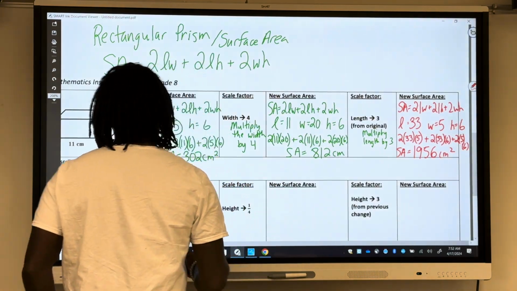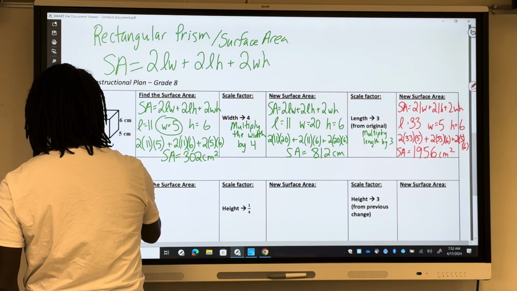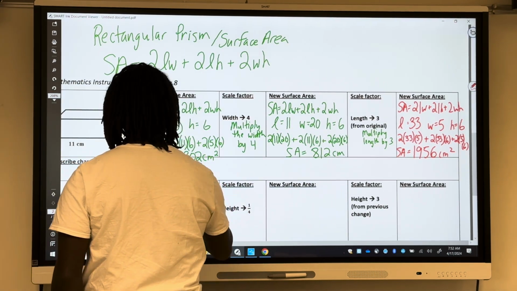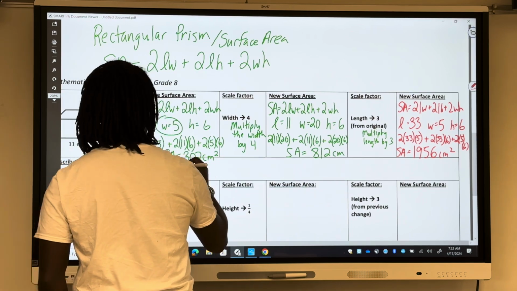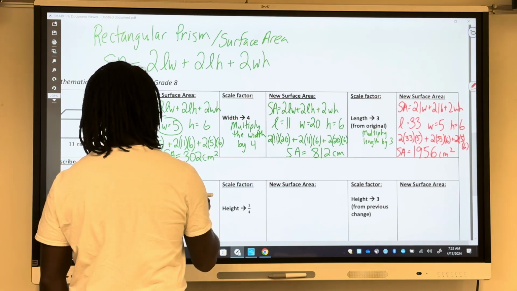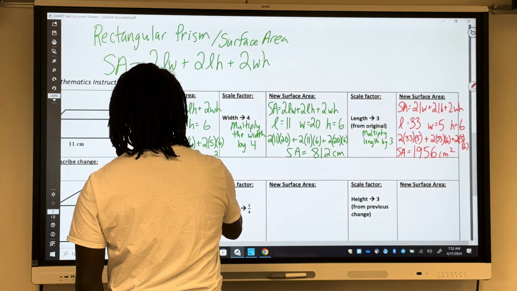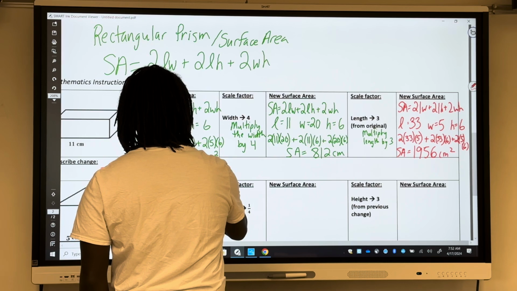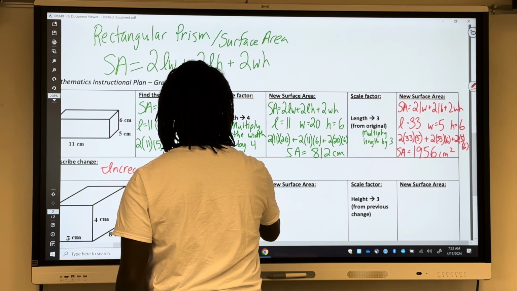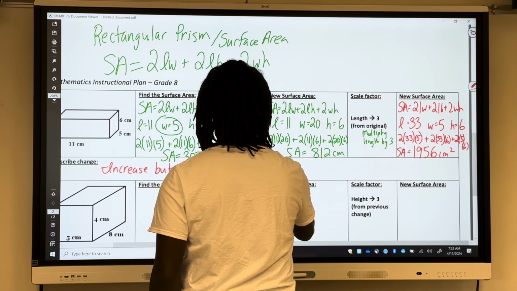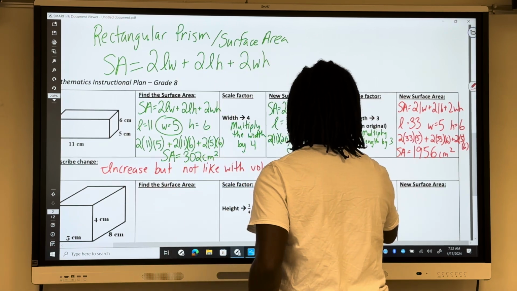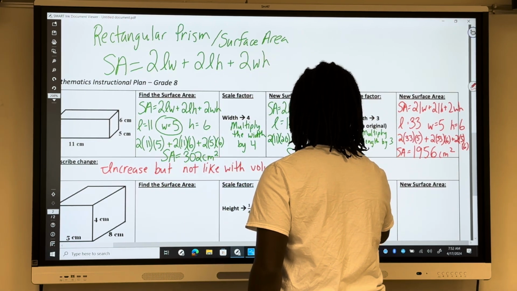So when we multiplied it, it did increase, but it did not increase proportionately in the same way that it did with volume. It did not increase by the same factor.